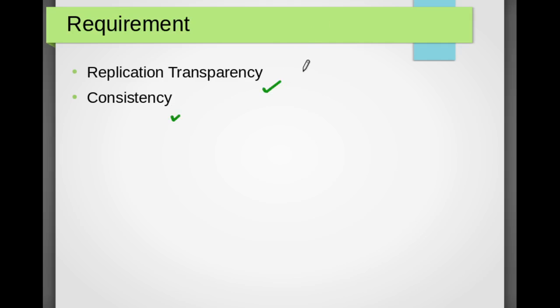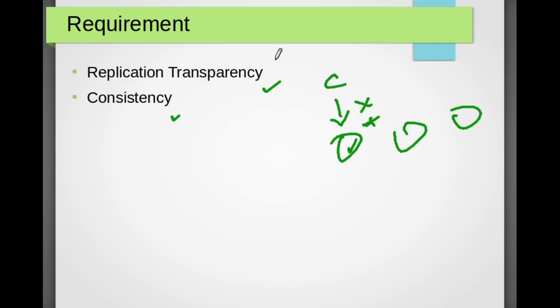What does replication transparency mean? Whenever your data is physically copied at multiple places, the client accessing your data should be unaware that the data has been replicated, and that it may be corrupted or inconsistent. These kinds of things should not happen. The client should think that it is getting the data from only one place.